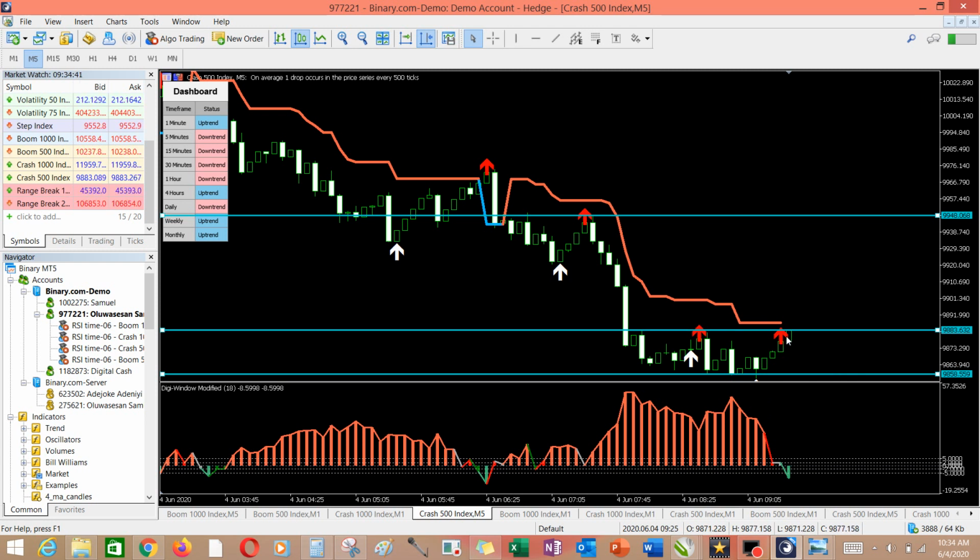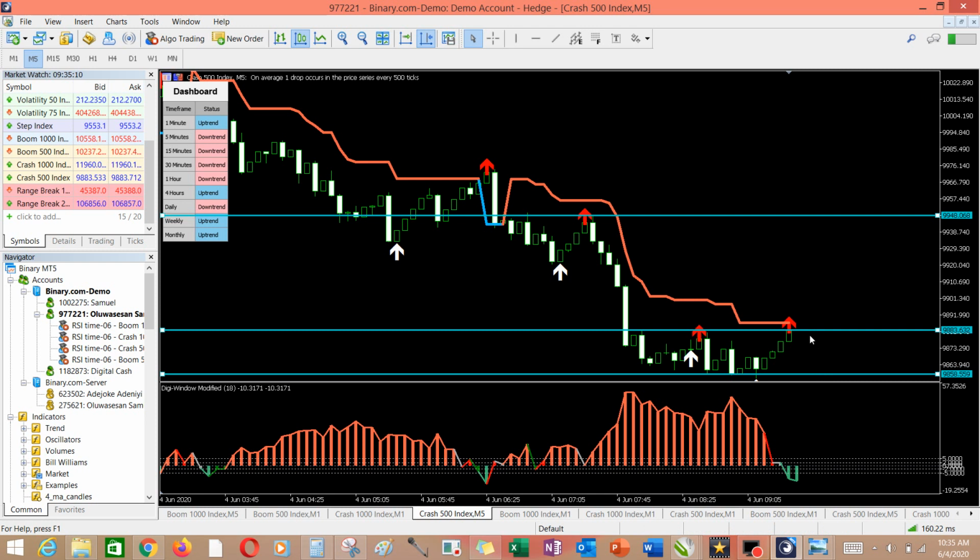Just exit here because the red arrow is already out and it is already approaching the same resistance level that it has tested and retested several times. So it might crash again, and if it crashed, you can place a pending or you can place a sell order there. If it crashed, good for you. Then you wait for it to buy again. That is if it does not break the support level.